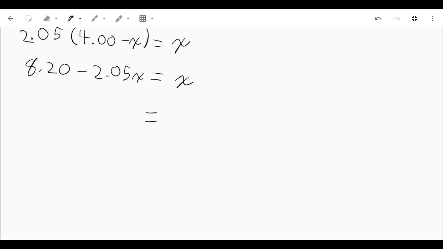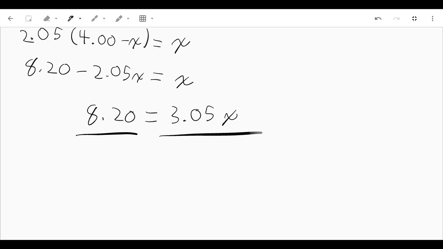That means we can bring the x over. So we get 3.05x on one side. We get 8.20 on the other side. I can divide both sides by 3.05. x is equal to 2.69.